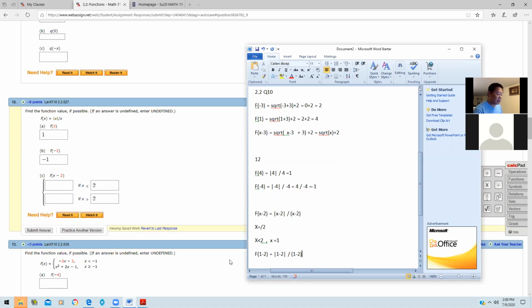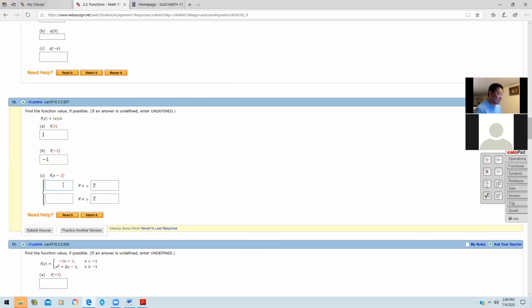Now 1 minus 2 is negative 1, but if you take the absolute value, it's 1. And then 1 minus 2 is negative 1, so you find out that this is negative 1. So if you put in less than, the answer is always negative 1.